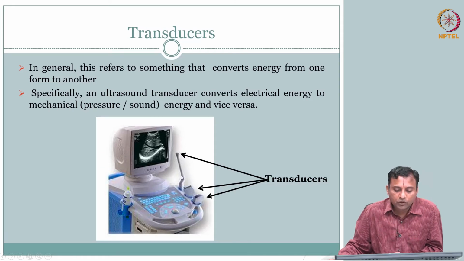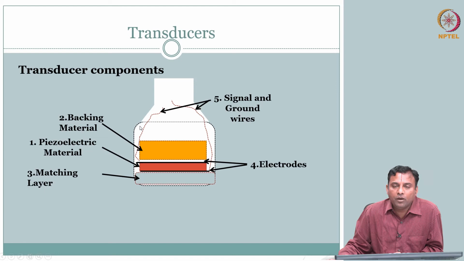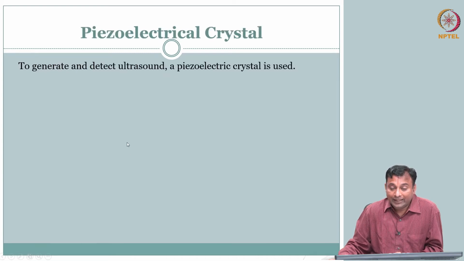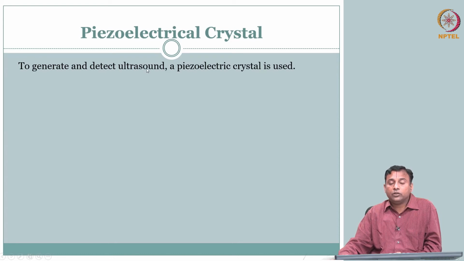So, the transducer has several components. The major active component of interest is your piezoelectric material. What does that do? The piezoelectric material generates and also detects ultrasound. The advantage here is this material can act both as a generator of the ultrasound, so it can be used in transmit, and also in receiving.